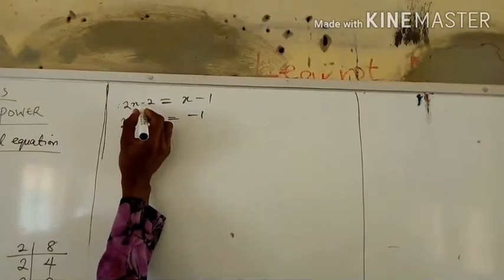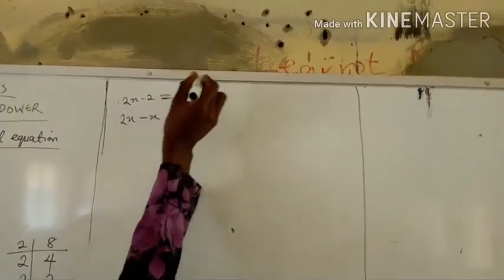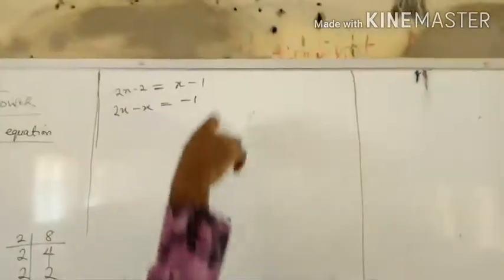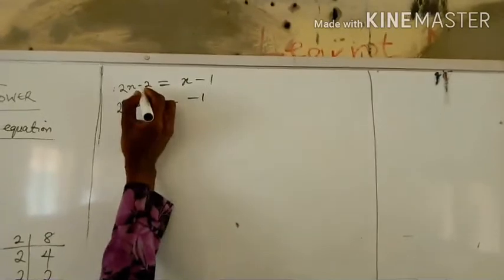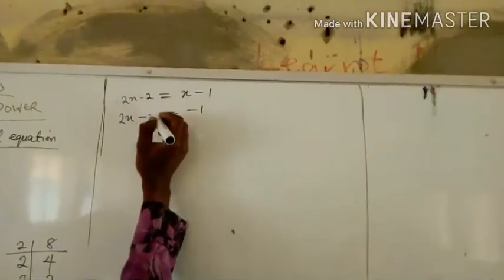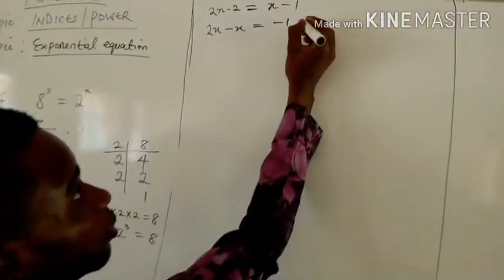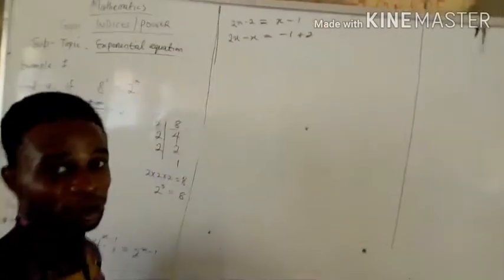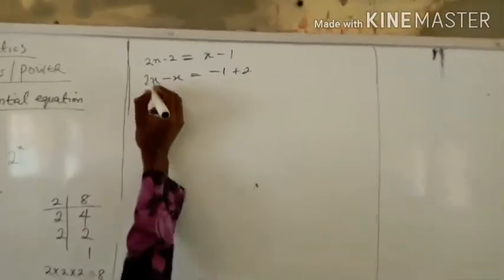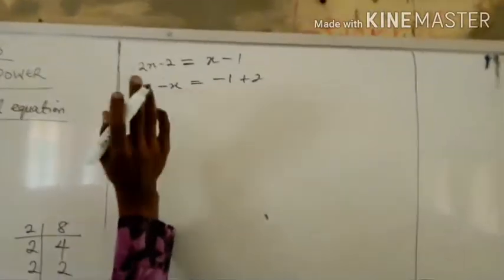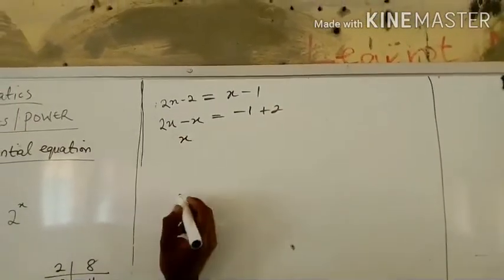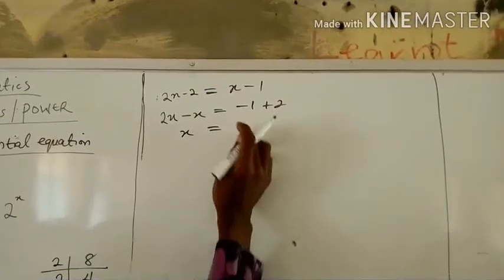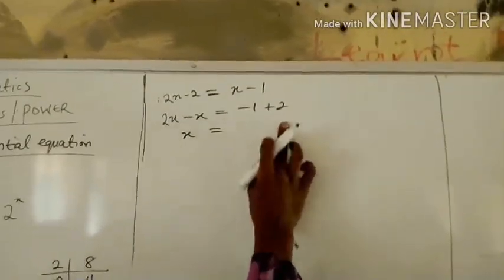This minus 2 is crossing to meet its own like term. This is a figure, this is a figure. So this minus 2 is crossing this equal sign, so it changes to plus 2. So we have plus 2 here. Okay? Now, 2x minus x, we have x equal to minus 1 plus 2.